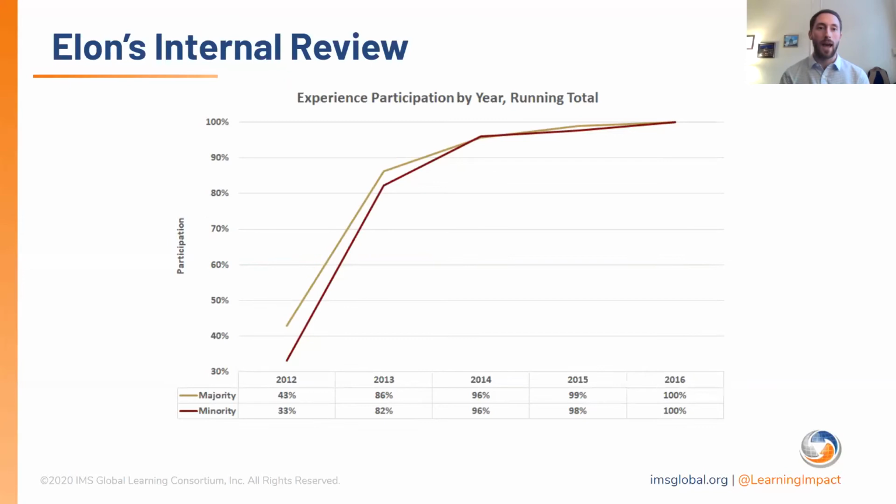We're also able to look at some of the time series data. This graph just shows some basic information of all of our 2016 graduates who all participated in their Elon experiences. But we see that early on, students from minority populations participate less in their first 2 years compared to white students.